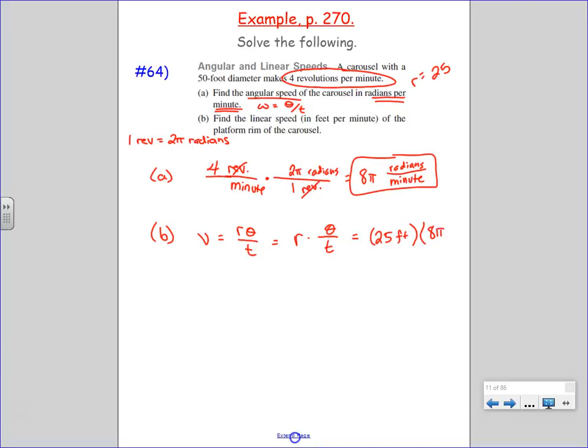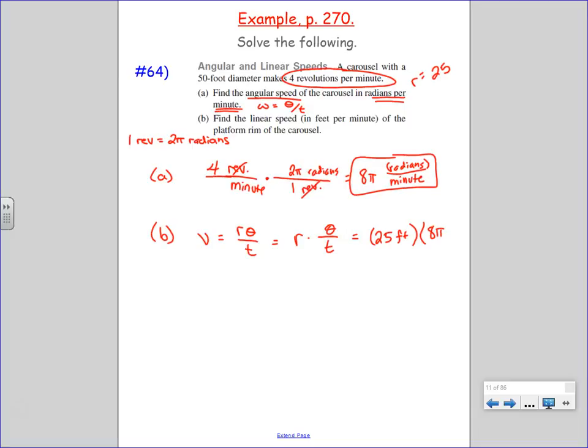Now here's where it gets weird. 8 pi radians per minute. It's not going to end up being just feet per minute, is it? Unless we remember, is radians actually a unit that shows up? Now they told us radians per minute so that we made sure everything matched. But radians is an understood unit. It's actually dimensionless. That's kind of weird.